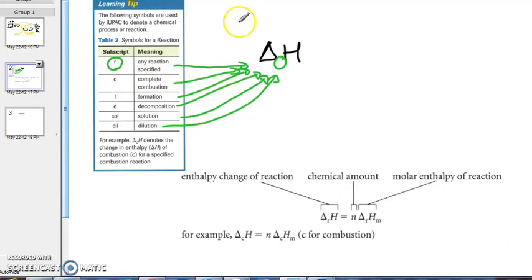If we put an M after this, this would be simply saying per mole of that substance.